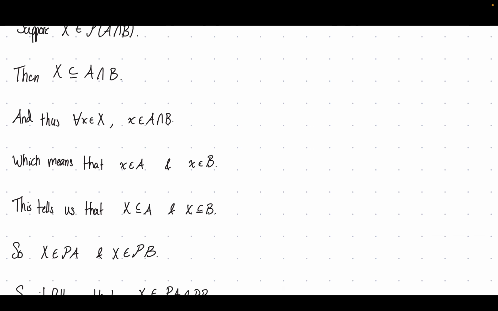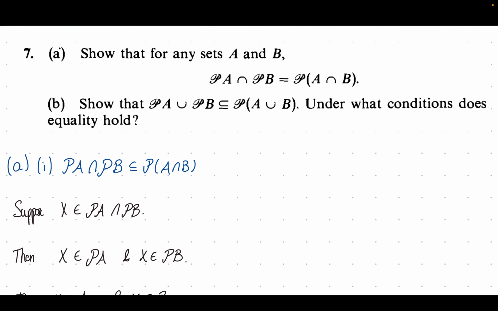And then for B, they ask us to show that the power set of A union power set of B is a subset of the power set of A union B. When does equality hold? In my opinion, this is a lot easier than question 6, but again, difficulty of math is subjective. All we can agree on is that math is difficult.